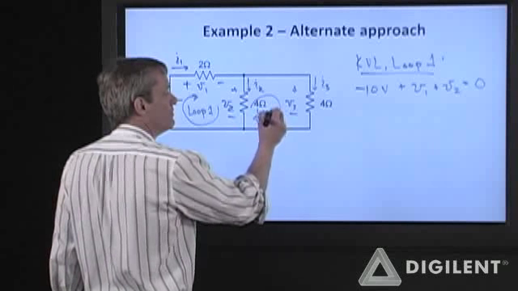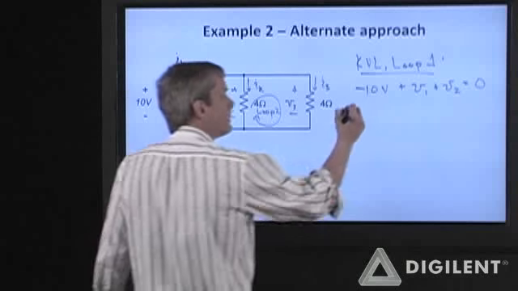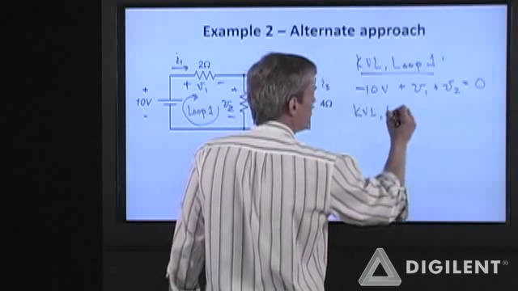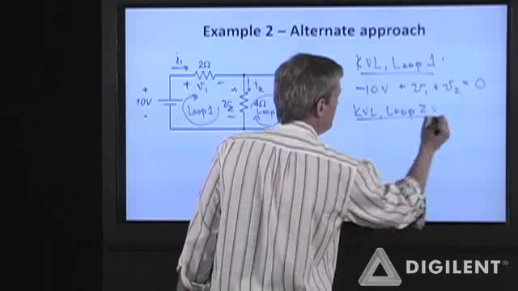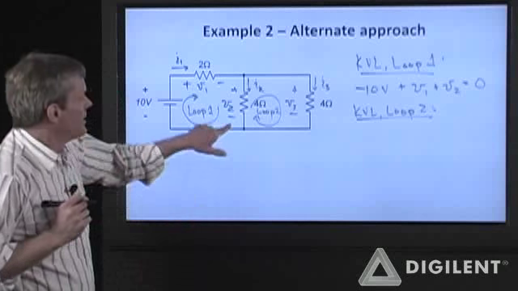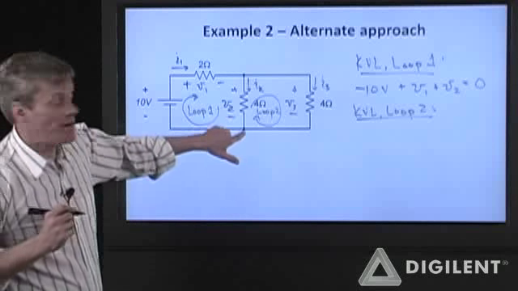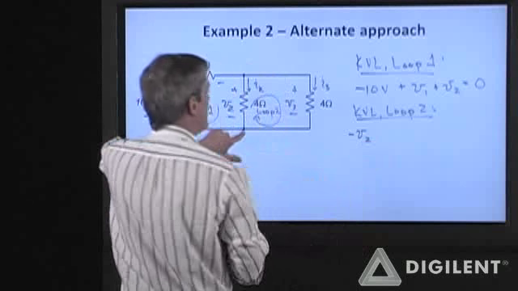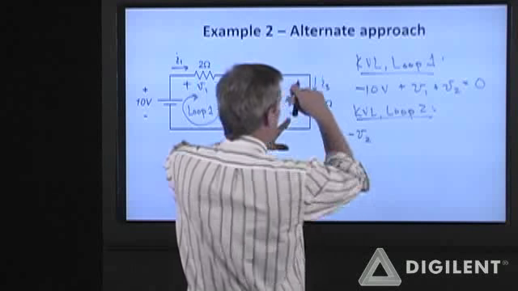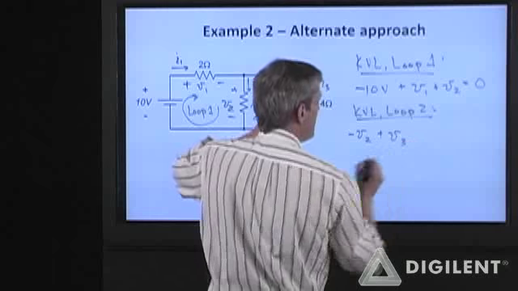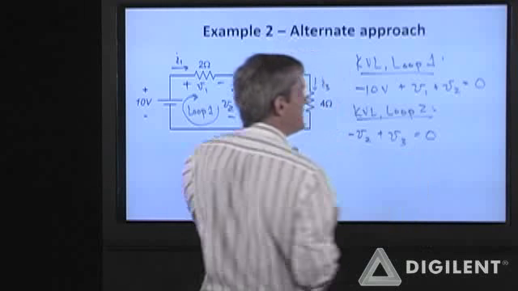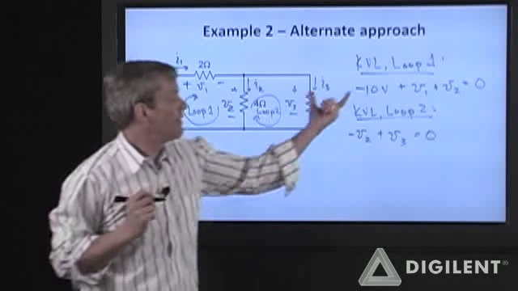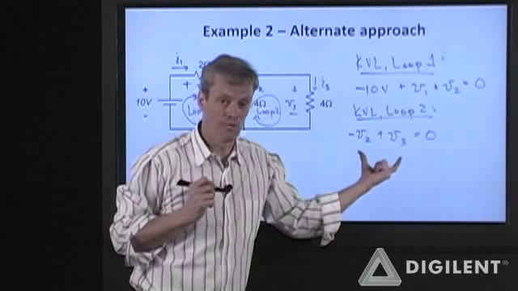So loop 2. KVL, loop 2. Now, I guess I'll go ahead and start down here. I see the negative terminal of V2 first, negative V2. I see the positive terminal of V3 first, plus V3 is equal to 0. I now have 2 equations in the 3 unknown voltages.